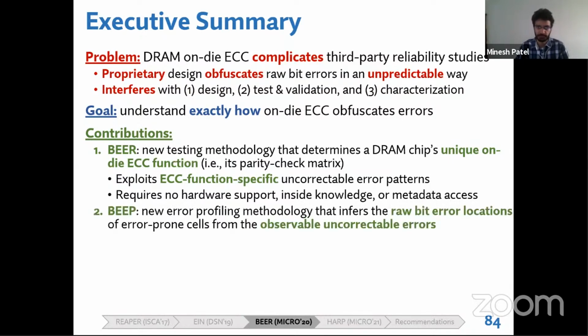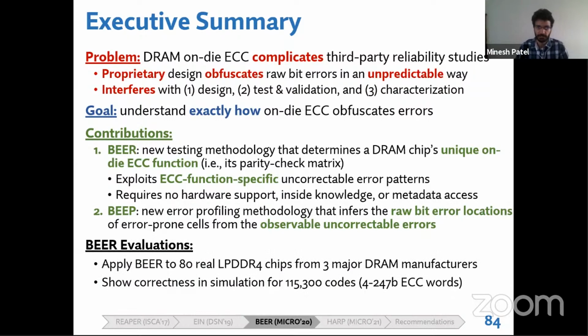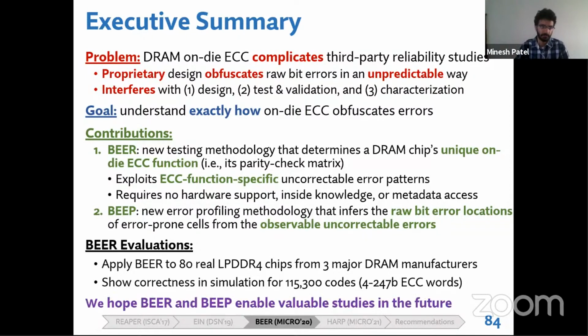Our second contribution is BEEP, a new error profiling methodology which infers the raw bit error locations of error-prone cells from observed uncorrectable error patterns. In our evaluations, we apply BEER to 80 real LPDDR4 DRAM chips from 3 major DRAM manufacturers, and then we show BEER's correctness in simulation for a variety of representative simulated ECC codes. We hope that both BEER and BEEP enable many valuable studies going forward.